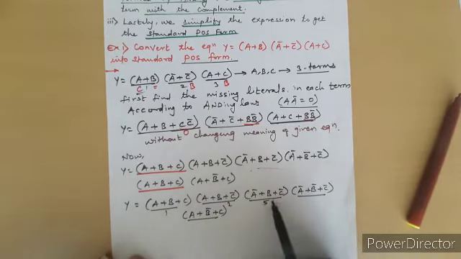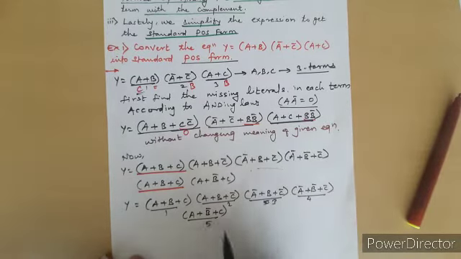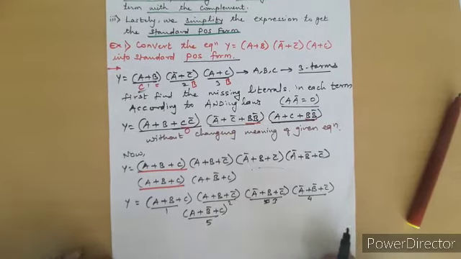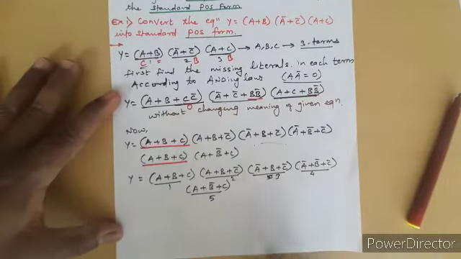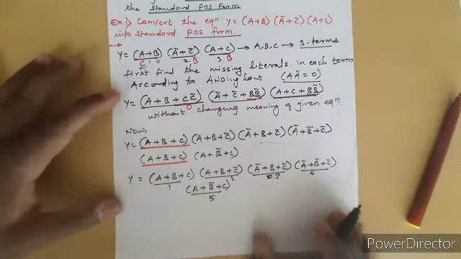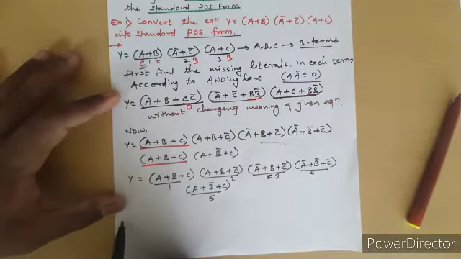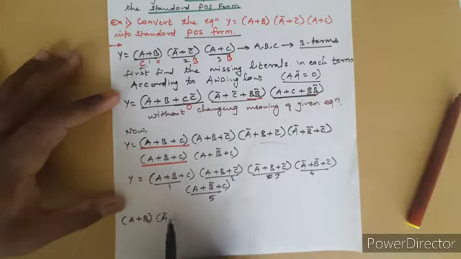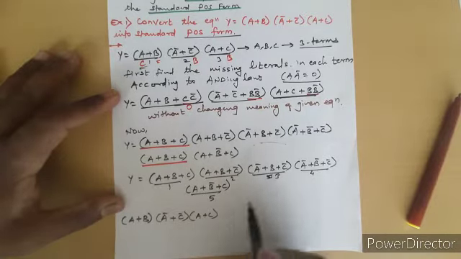We are getting 5 terms. So this is the standard POS form of the given equation. What was our equation? (A plus b bar)(a bar plus c bar)(a plus c).